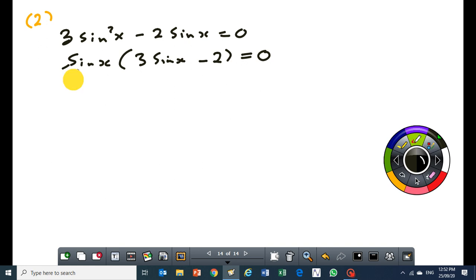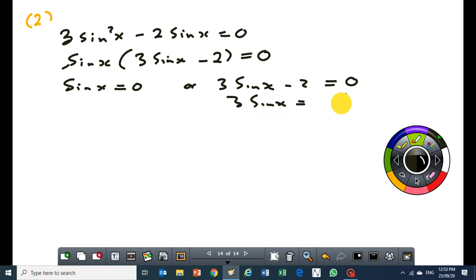So this becomes sine x equal to 0, or 3 sine x minus 2 is equal to 0. Now if we solve this one here, you end up getting 3 sine x equal to 2, and then your sine x would equal 2 over 3.